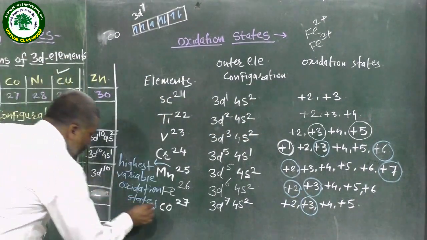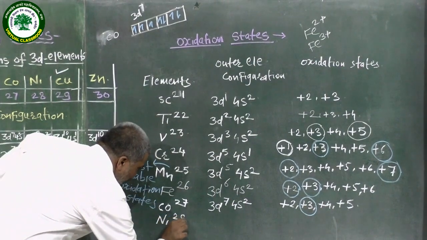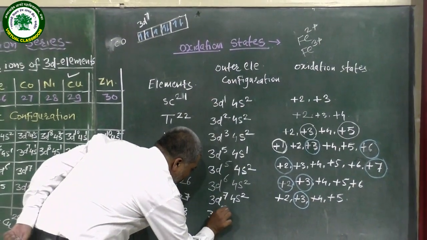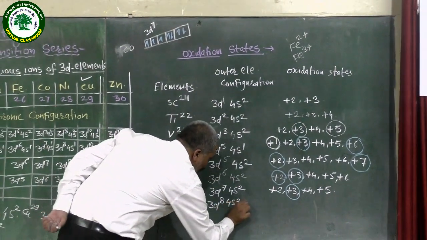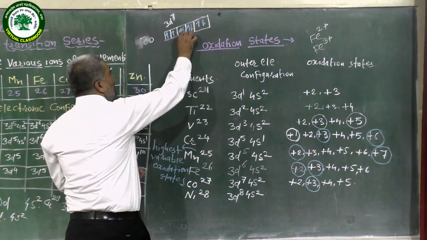Next, in the case of nickel, the atomic number is 28 and the electronic configuration is 3d8 4s2. Again, one more electron has entered here.